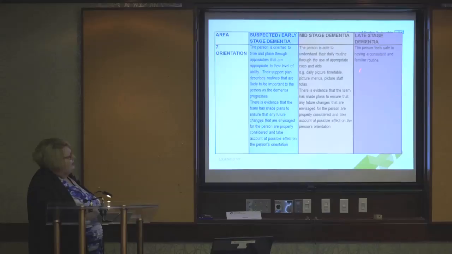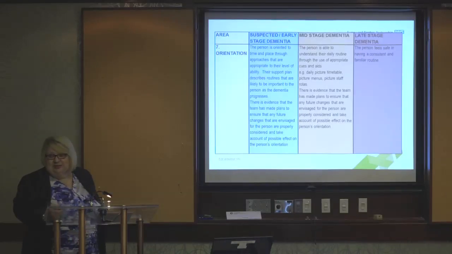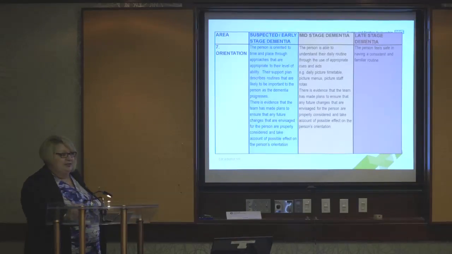But by late stage, what we want for the person is that they feel safe in having a consistent and familiar routine. Okay? By that stage of the dementia, the pictures and those sorts of things are probably not going to be as useful as they were, but you just want people to feel secure and safe in the care that they're getting through consistency. Does that make sense?